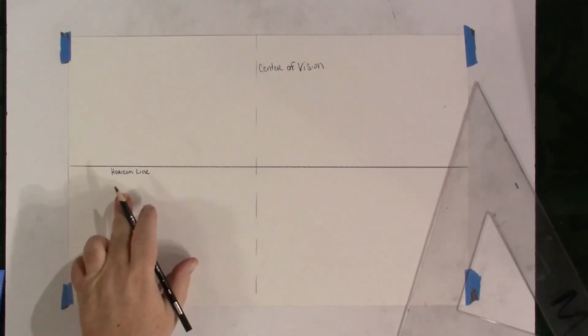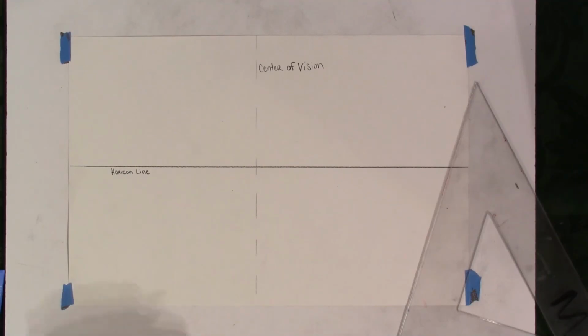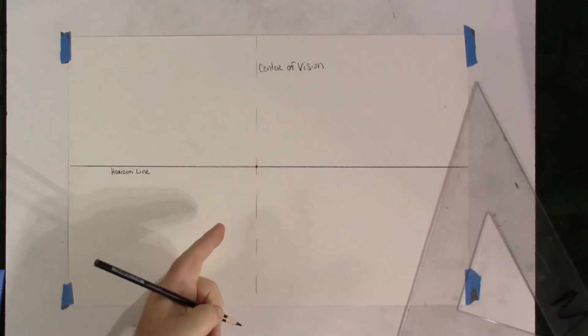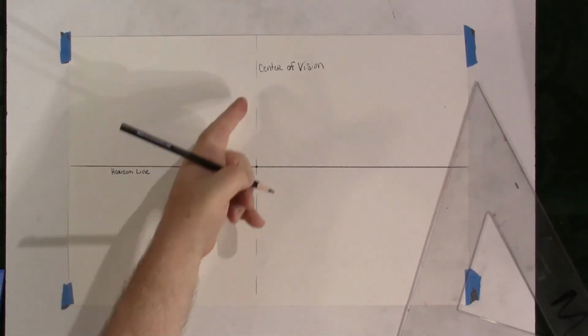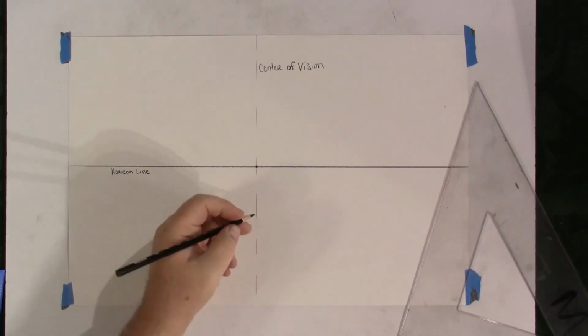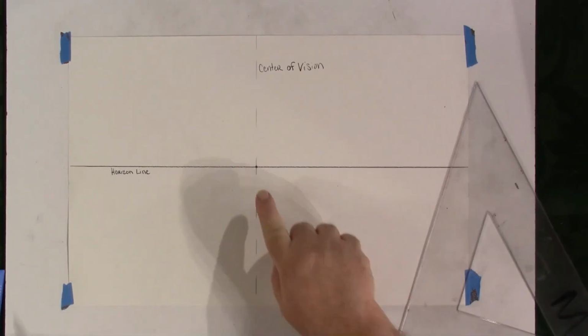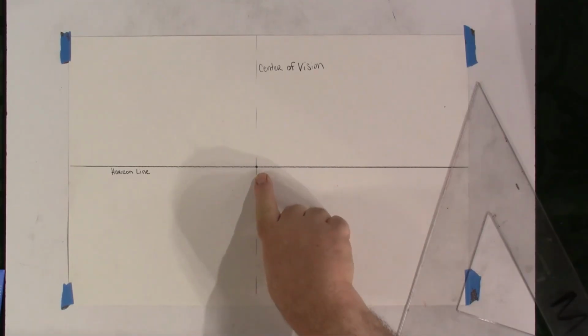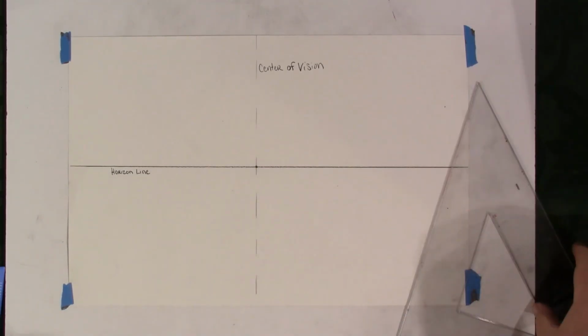Okay, so that's our center of vision. This is our horizon line. Now remember, when we're doing this, we want to keep in mind that this right here, we're not going to use it. But where the horizon line and the center of vision cross, that's a vanishing point. I'm not going to label it right now because I don't want to confuse you, and we're not going to be using it. I'm just pointing that out.